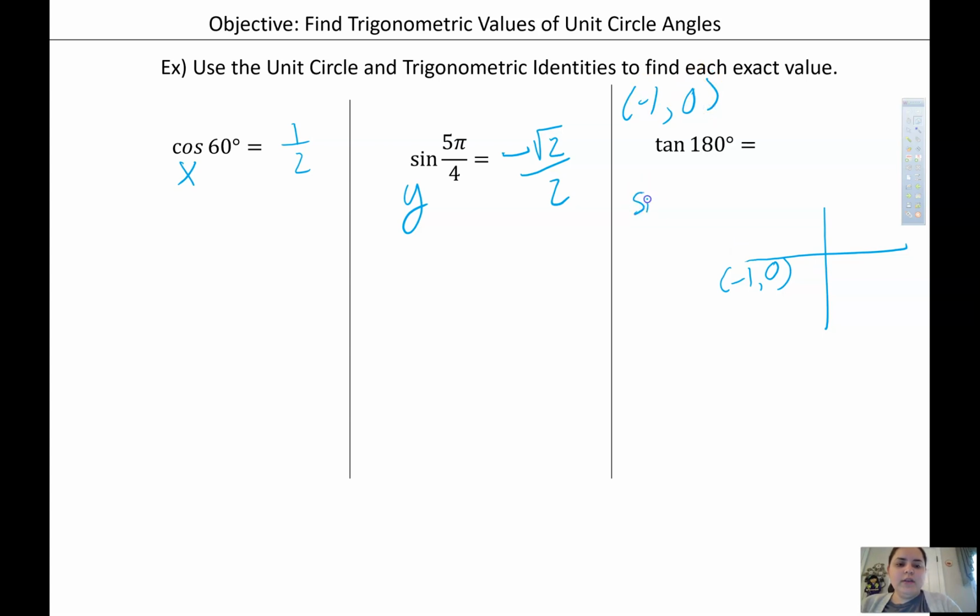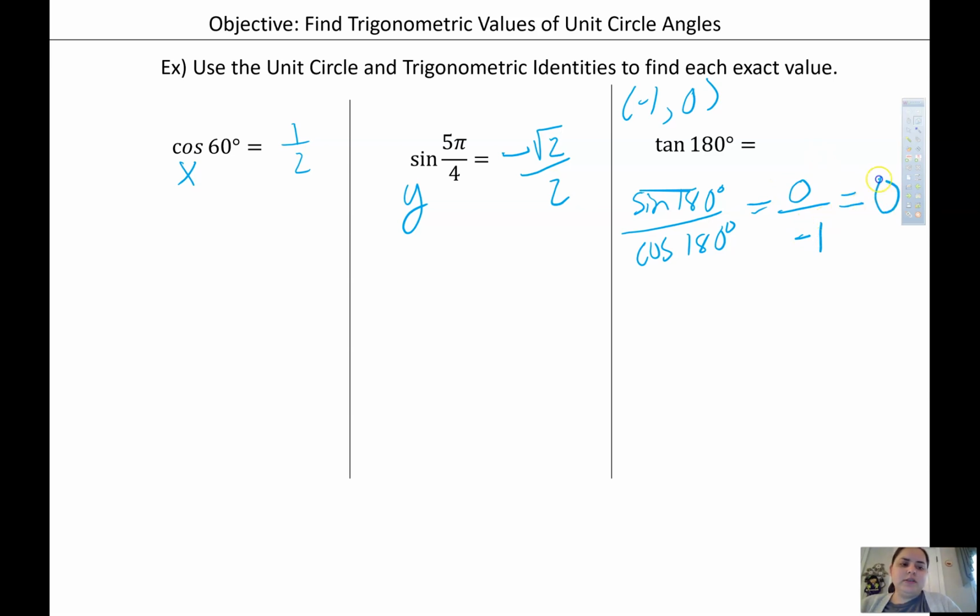So sine of 180 over cosine of 180 is 0 over -1, which is 0. The difference on this one is you're not dividing by 0, so the answer is 0.